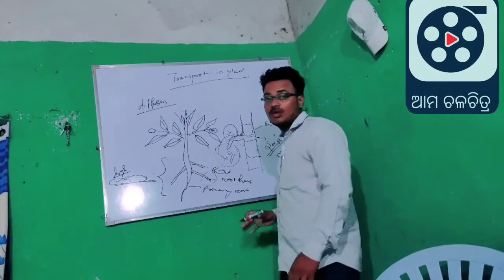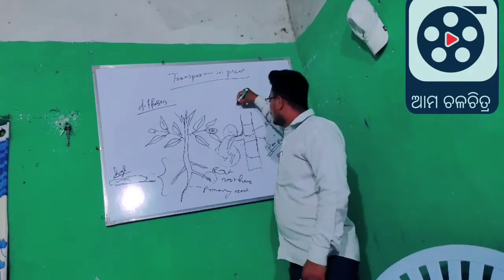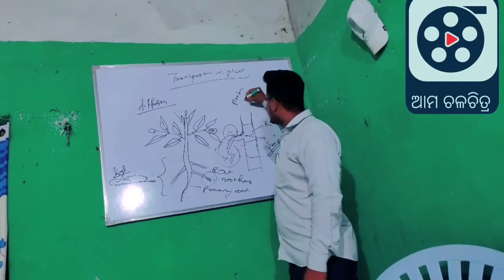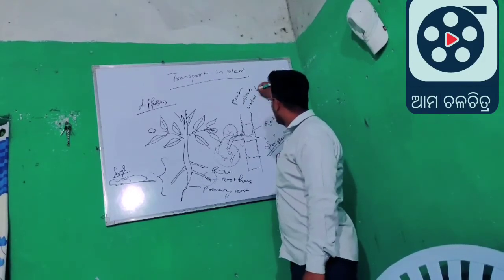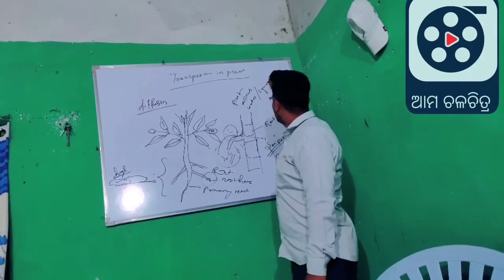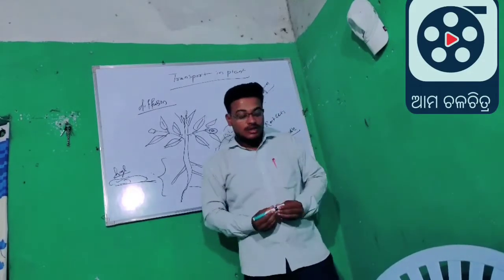This is a semi-permeable membrane. So osmosis is when the plant allows water or liquid inside the living cell. This is known as osmosis.